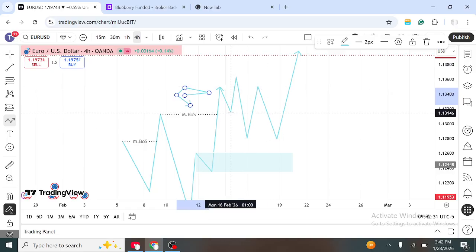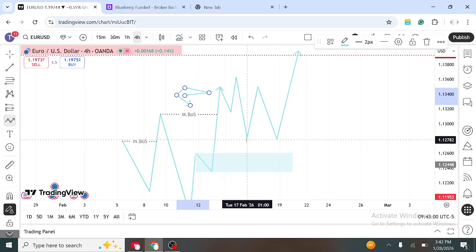So we are not considering this first pullback as part of the double bottom. Okay, so that means this strategy must first take out the first pullback. Okay, so now here it can either be a double bottom like in this case or a sweep of liquidity.